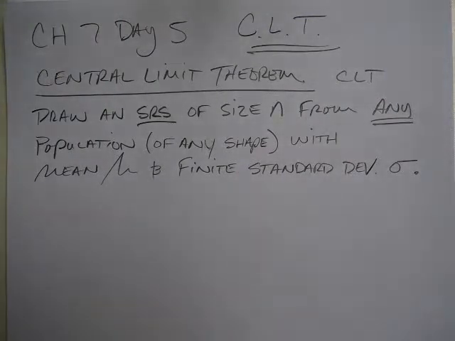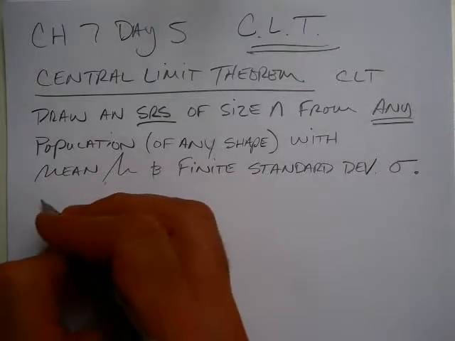So draw an SRS, simple random sample of size n, from any population of any shape with mean mu and finite standard deviation sigma. So the any population, that's the shape part.